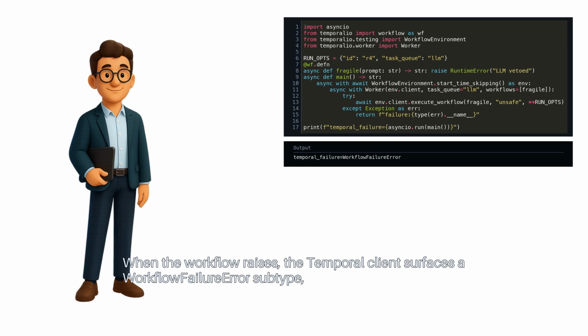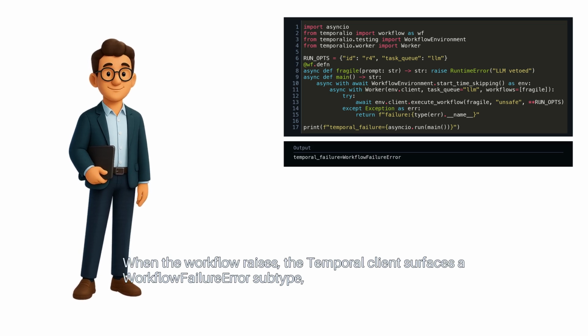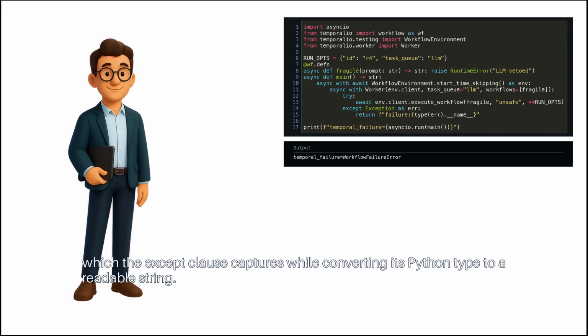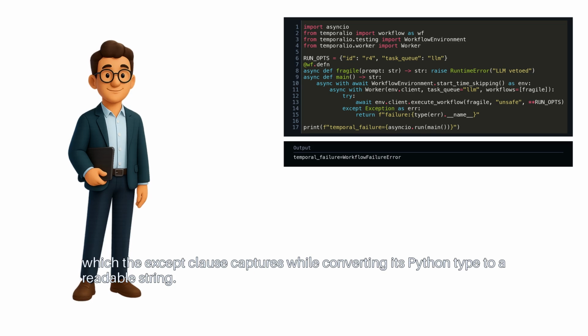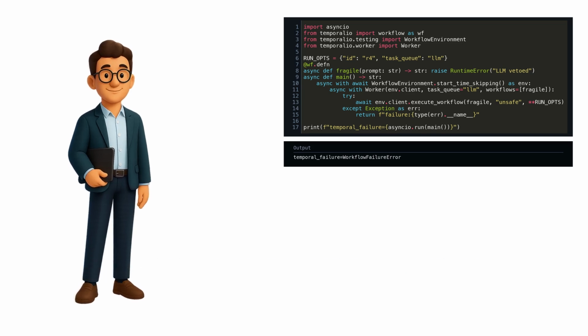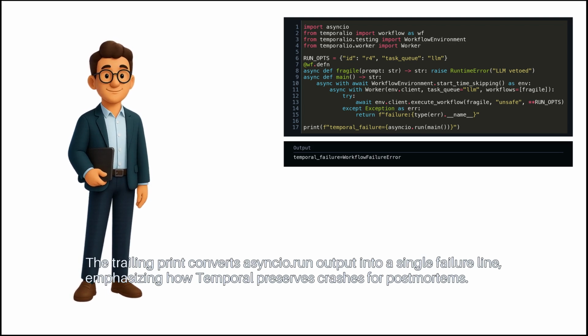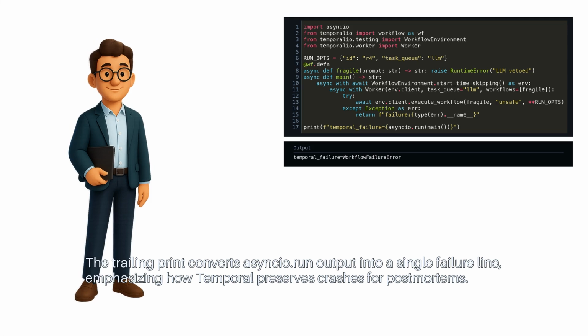When the workflow raises, the Temporal client surfaces a WorkflowFailureError subtype, which the except clause captures while converting its Python type to a readable string. The trailing print converts asyncio.run output into a single failure line, emphasizing how Temporal preserves crashes for postmortems.